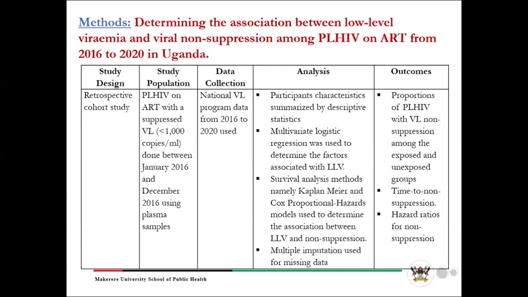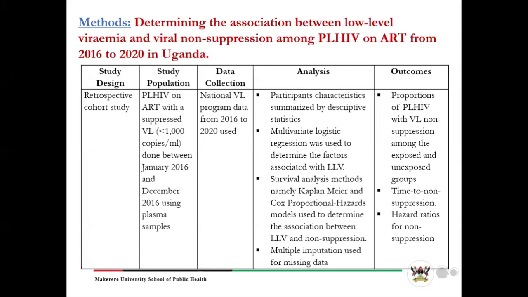And we basically looked at the proportions of people living with HIV with viral suppression among the exposed and the unexposed groups. I say the exposed group was comprised of people who had low-level viremia, and then the non-exposed was comprised of people who had a non-detectable viral load. And to break it down in brief, we wanted to see how many people who have low-level viremia will get viral non-suppression, and how many people who have a non-detectable viral load will get viral non-suppression.